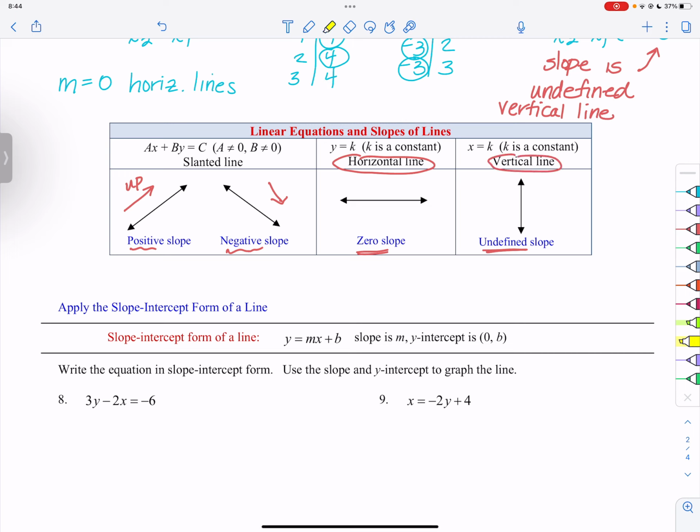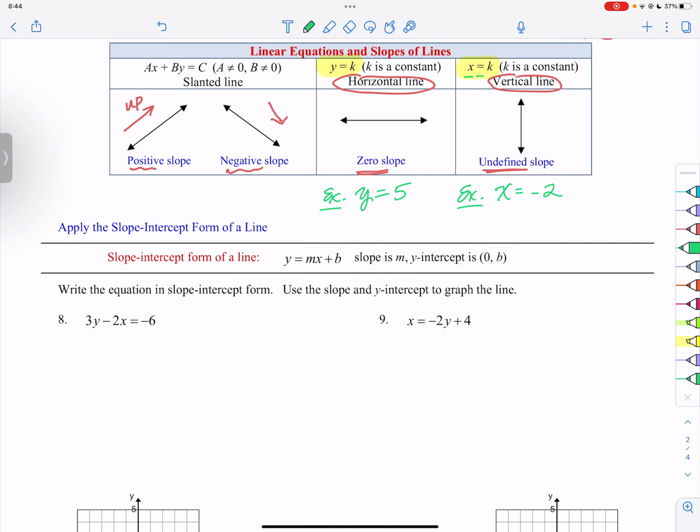Horizontal lines are always written as y equals a constant, and vertical lines are always written as x equals. So that's really good to remember. We have y equals 5 as your example, x equals -2 as your example. So x equals gives you a vertical line.